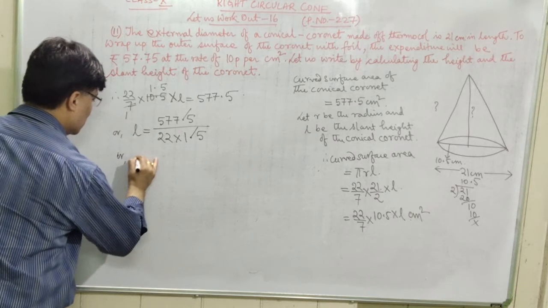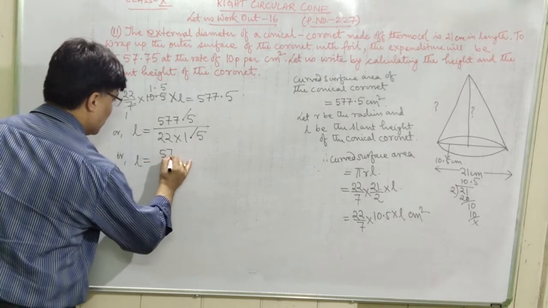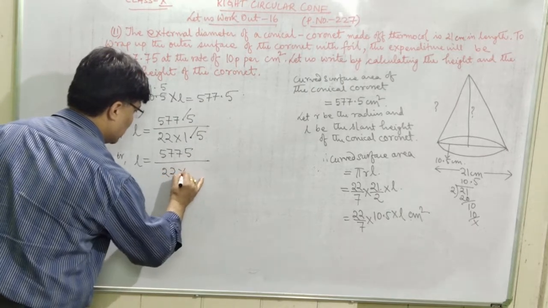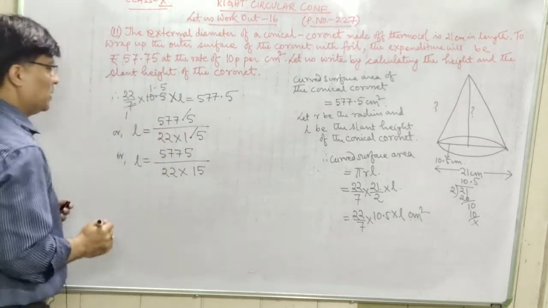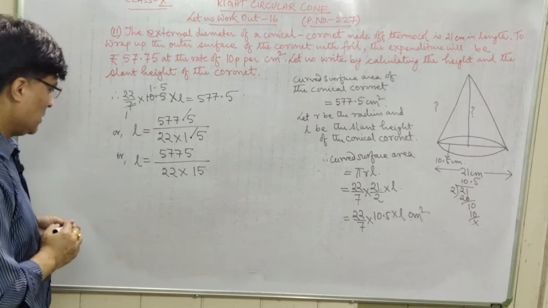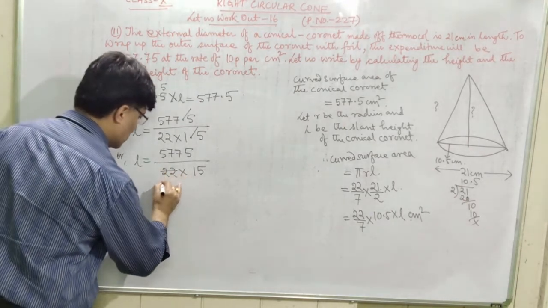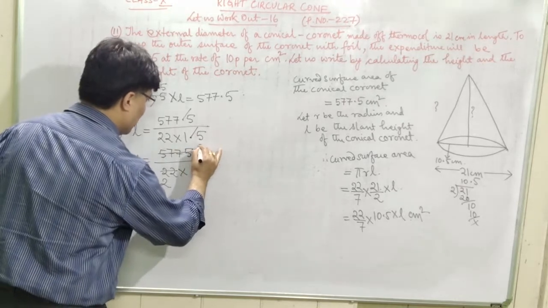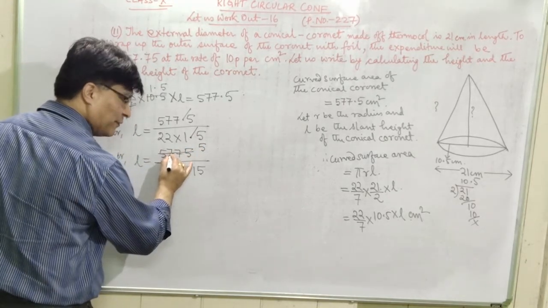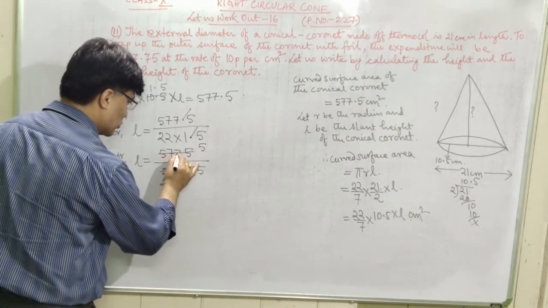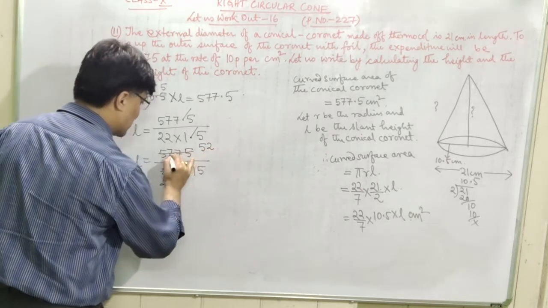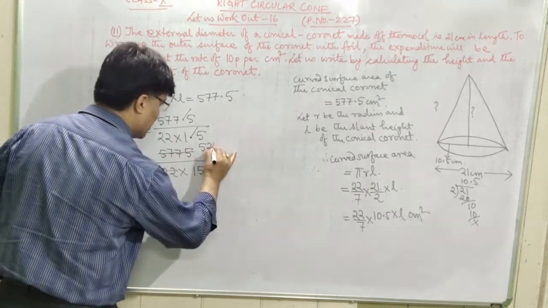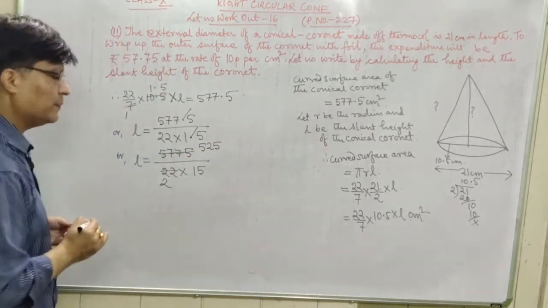Or L is equal to 5775 divided by 22 into 15. Now can you cancel them? 11 twos are 22, 11 fives are 55, 57 minus 55 is 2, 27, 11 twos are 22, 27 minus 22 is 5, 55, 11 fives are 55.